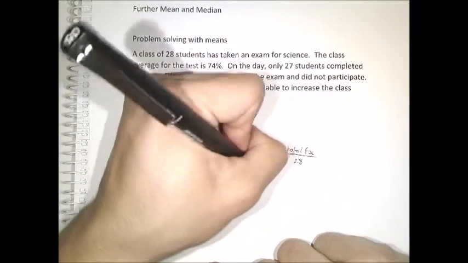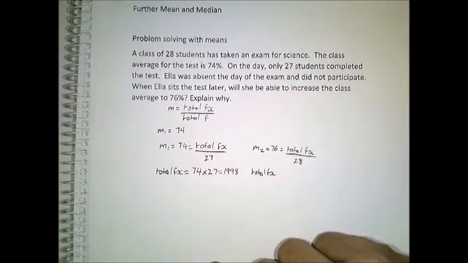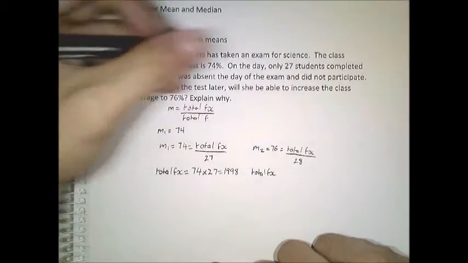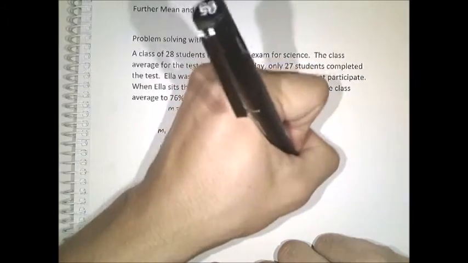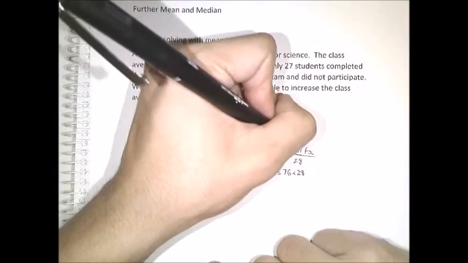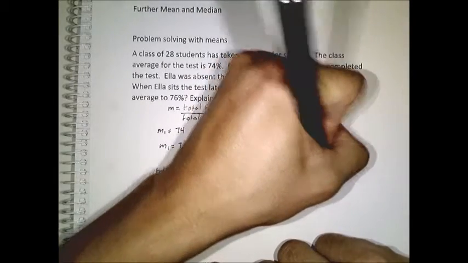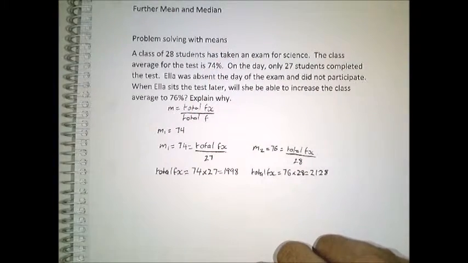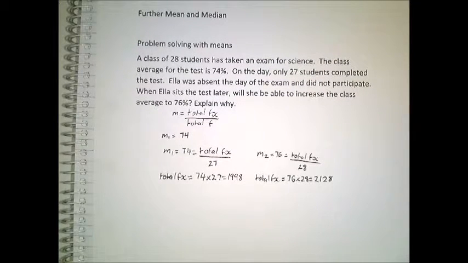We know that the total fx for our desired average will be equal to 76 times 28, which is equal to 2128%, meaning that the 28 students had a combined percentage mark of 2128%.